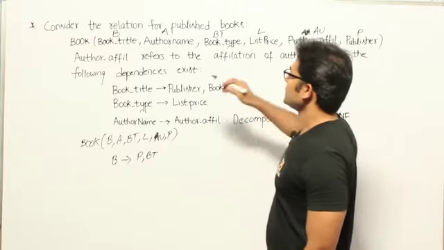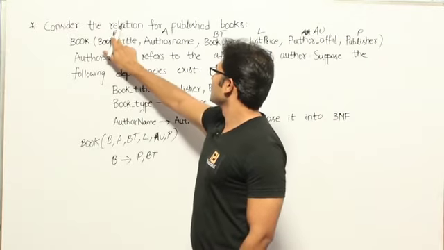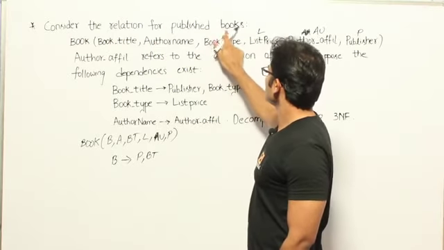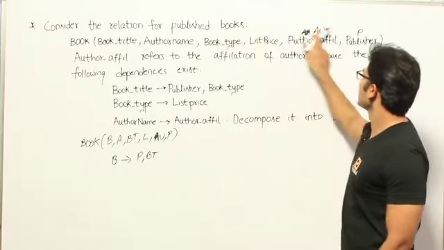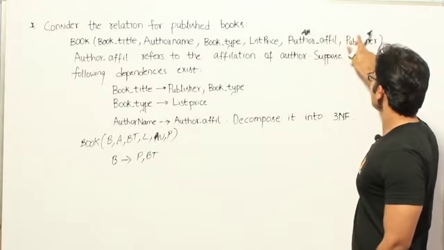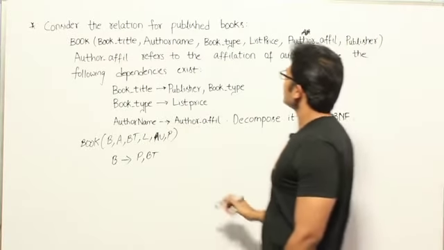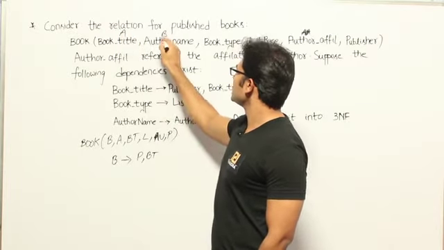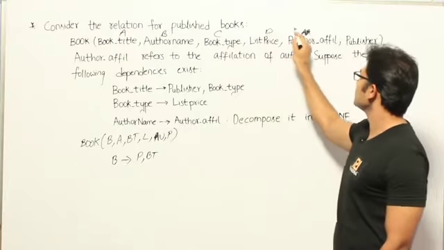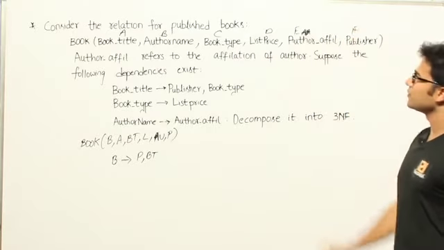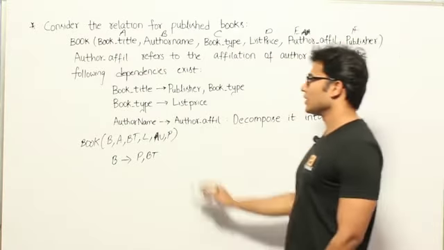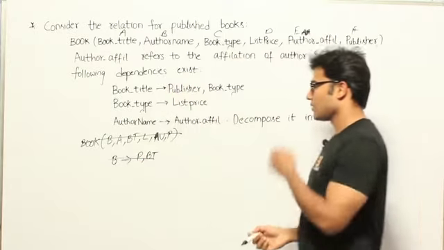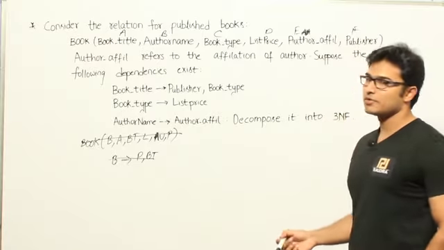Let's convert everything to some other variables. Let us say this is A, this is B, this is C, this is D, this is E, this is F. This way it will be easy. Now let's try to write these functional dependencies also in terms of those variables.